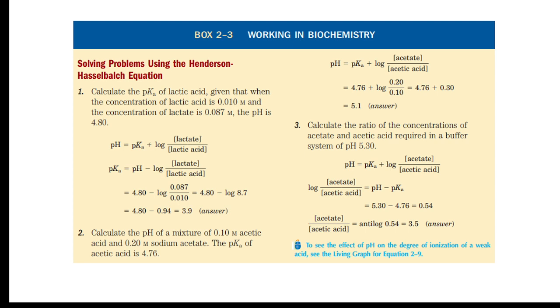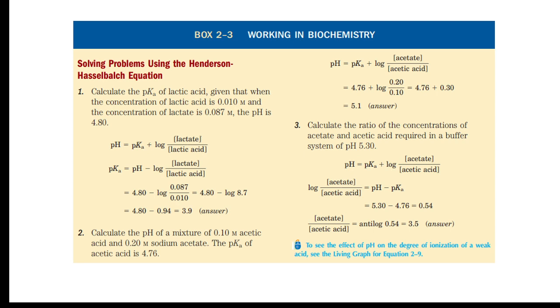Now, the third solution is as follows, wherein we need to find out the ratio of molar concentration of acetate to the molar concentration of acetic acid, which is required to buffer a system of pH 5.3. So, according to the Henderson-Hasselbalch equation, pH is equal to pKa plus log molar concentration of acetate divided by molar concentration of acetic acid.